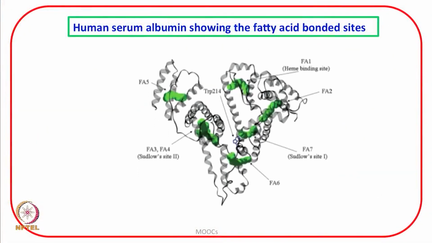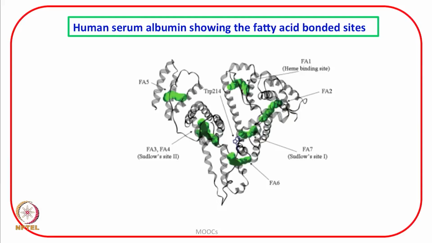Human serum albumin, HSA, as we discussed earlier, because of its structure and its properties, can bind a variety of ligands. One such ligand which binds to human serum albumin is fatty acid.